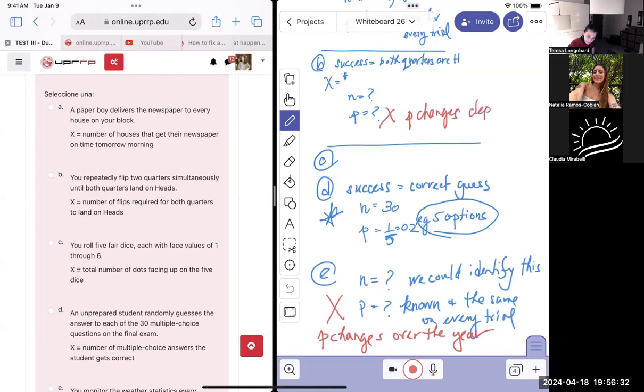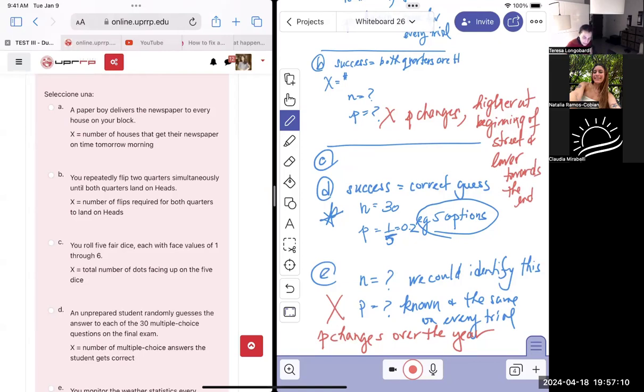It's higher at the beginning of the street and lower towards the end, right? It gets lower and lower and lower. It depends how big the street is. Even though it might be slight, if it's a small street, it changes. So that's not a binomial either.